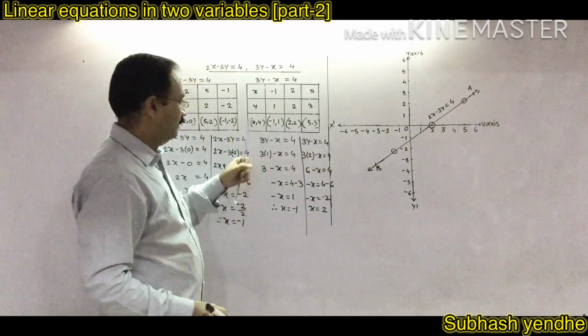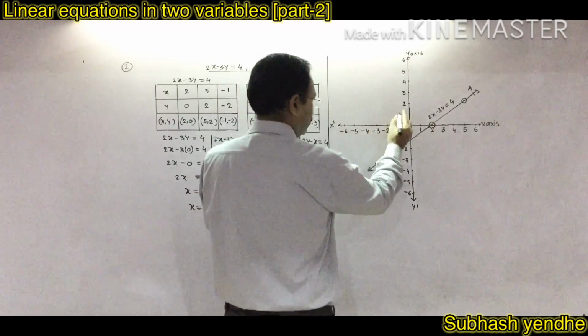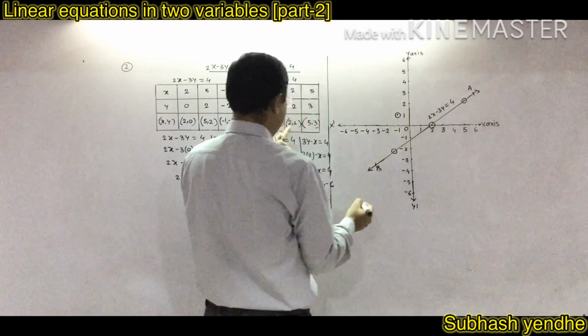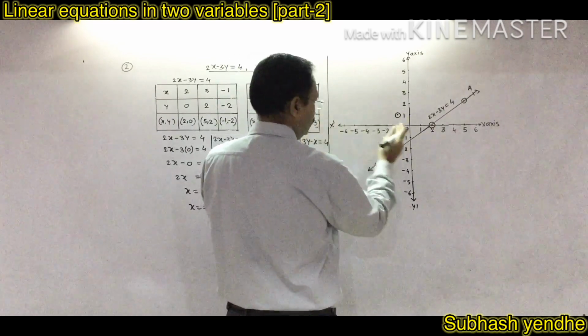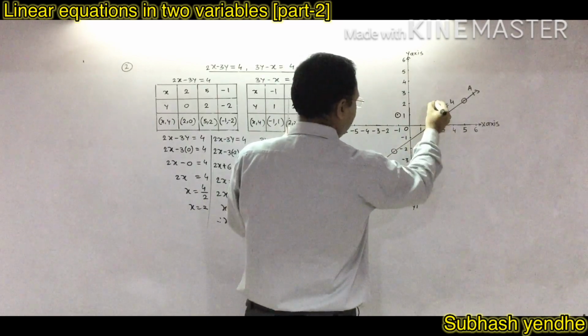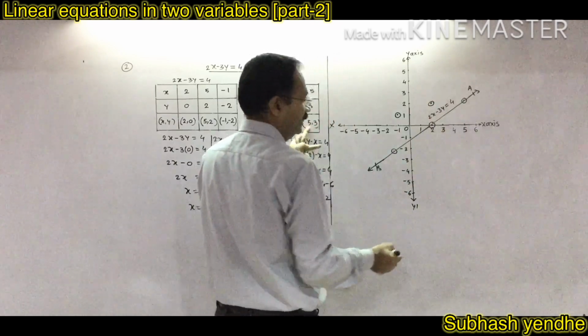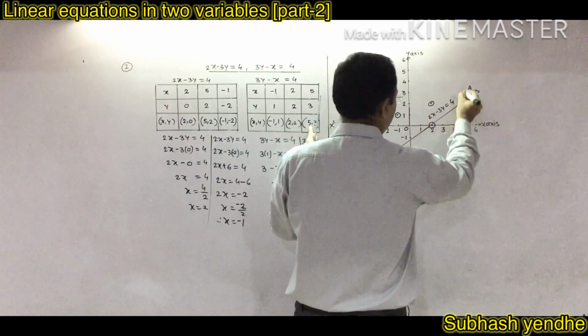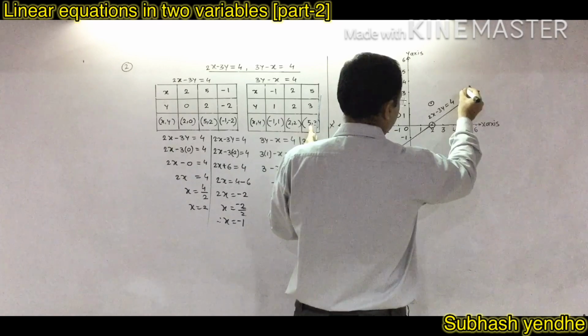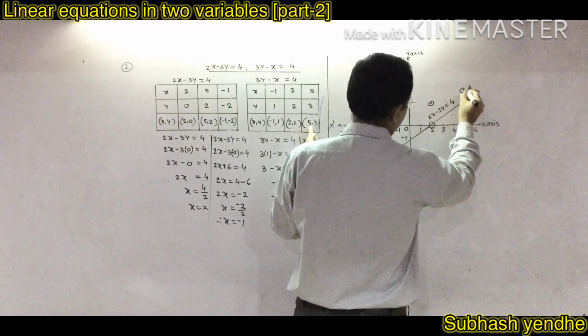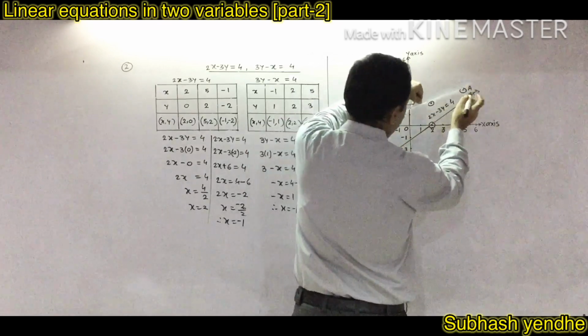Now for this one, minus 1 and 1. And then 2 and 2, plus 2 and plus 2. 2 and 2 comes here. And then 5 and 3. This is 5 and 3. It comes here. So now join these 3 points.